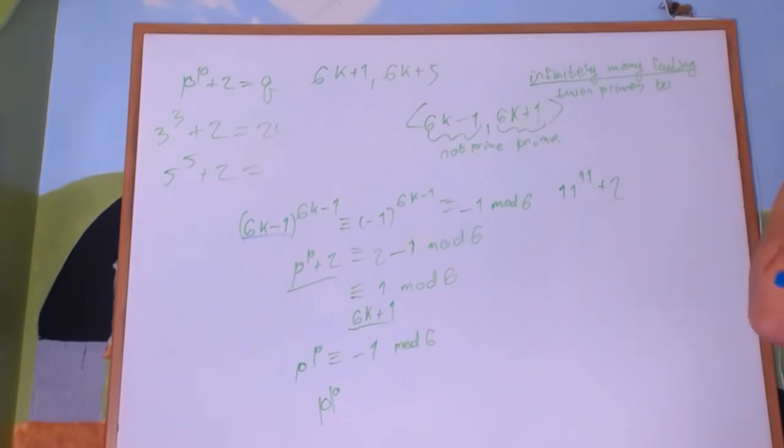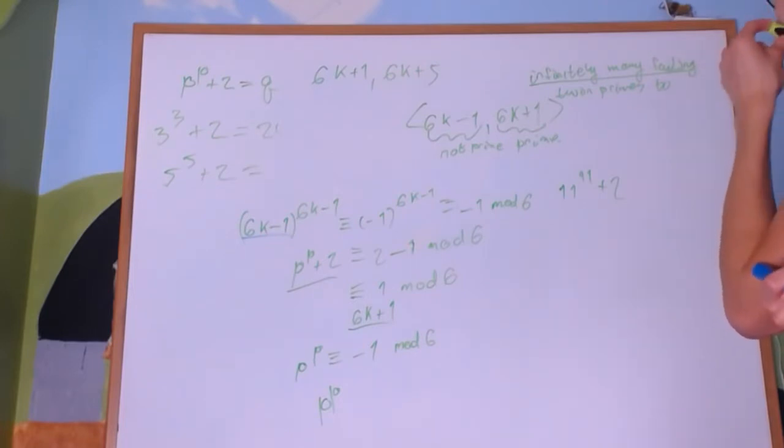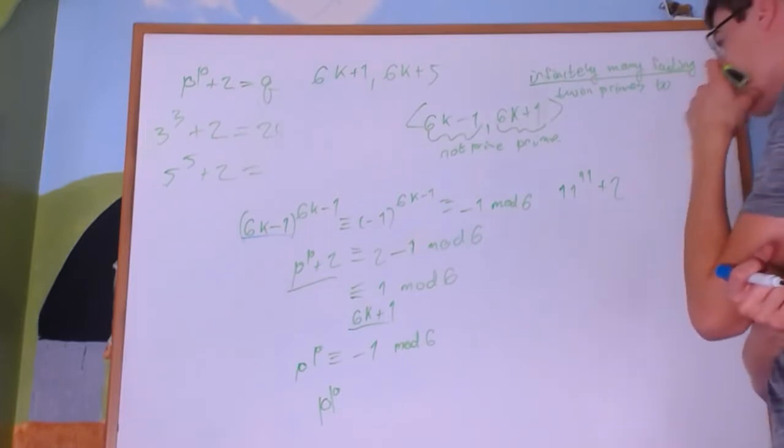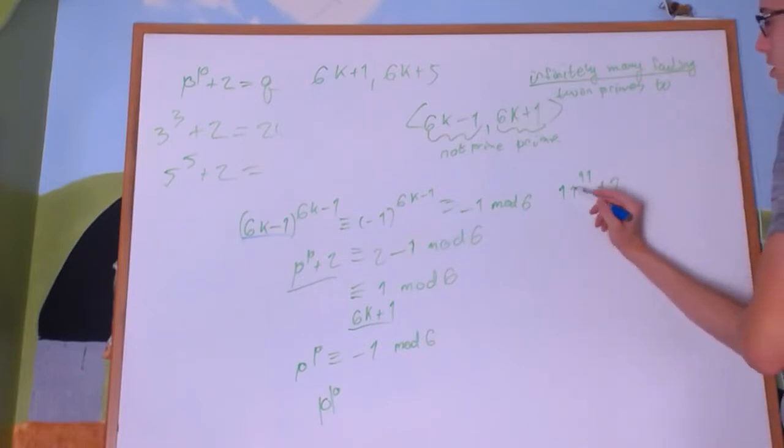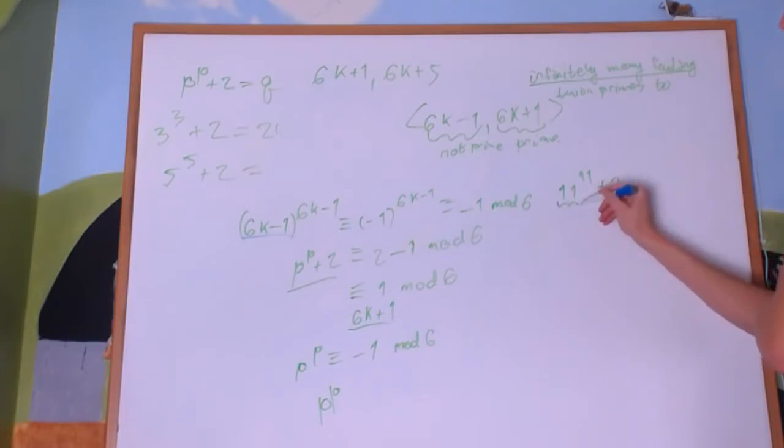What sticks out there? Nothing. I don't think you can really talk about that. There's gotta be another one. Yeah, the factors of that are very mysterious. So this one's definitely composite.